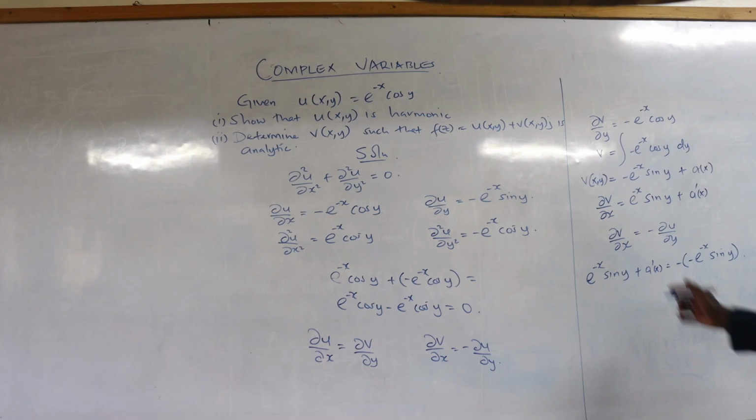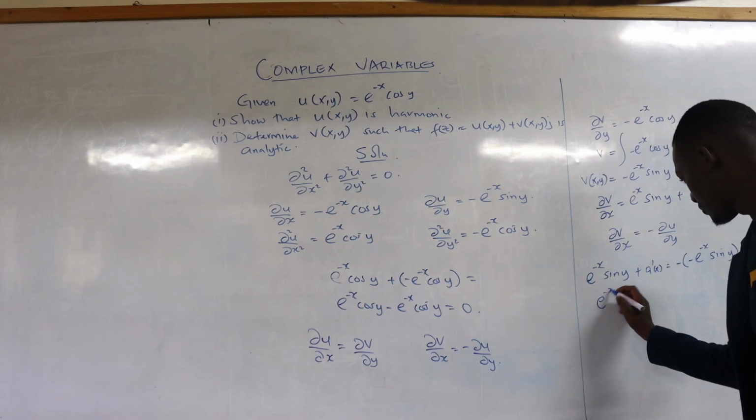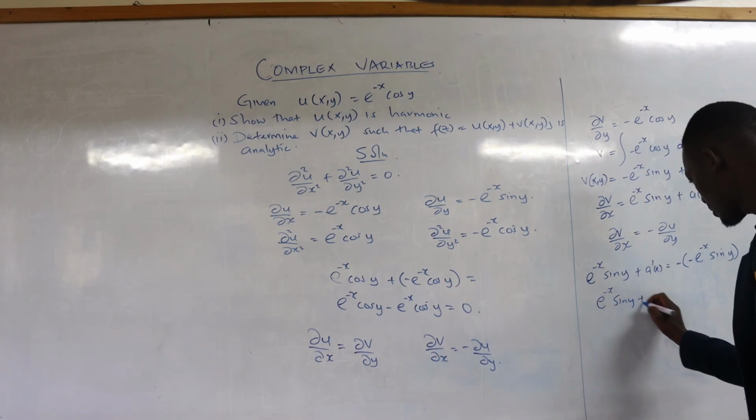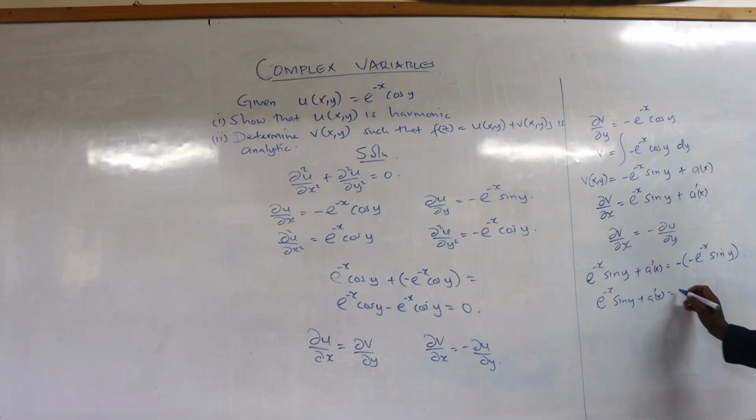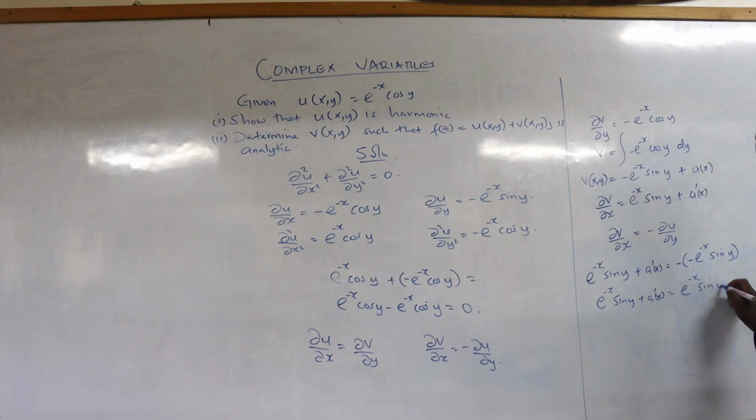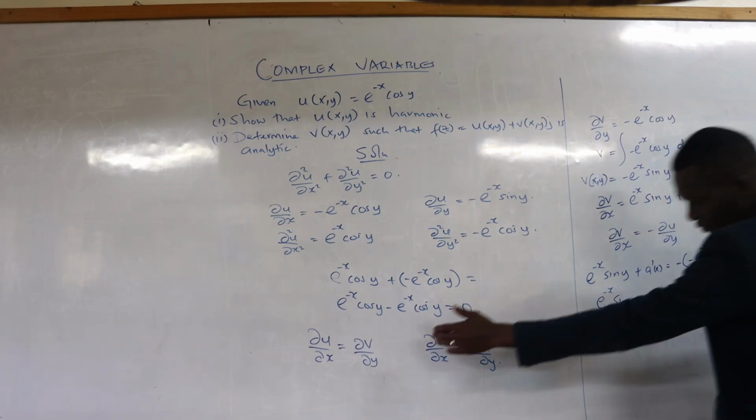So e^(-x) sine of y plus the constant's derivative equals e^(-x) sine of y. Remember, the negative gives you positive.